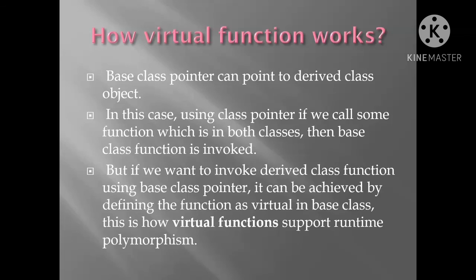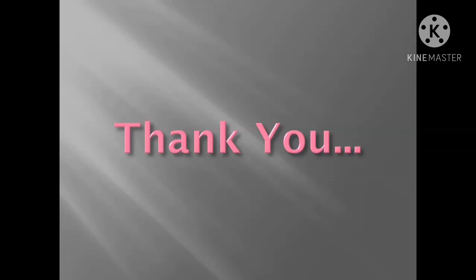But if we want to invoke the derived class function using the base class pointer, it can be achieved by defining the function as virtual in the base class. This is how virtual functions support runtime polymorphism. This is all about virtual functions. Thank you.